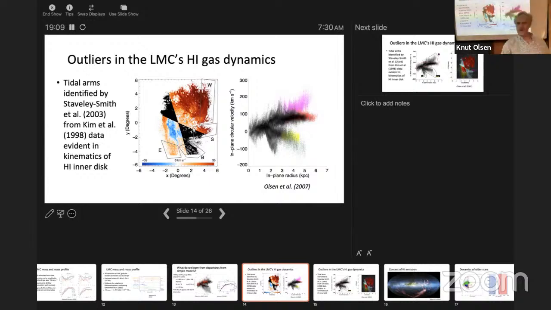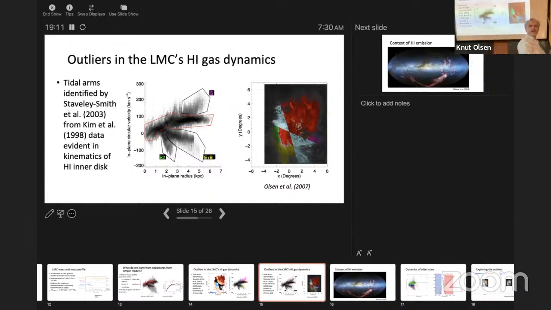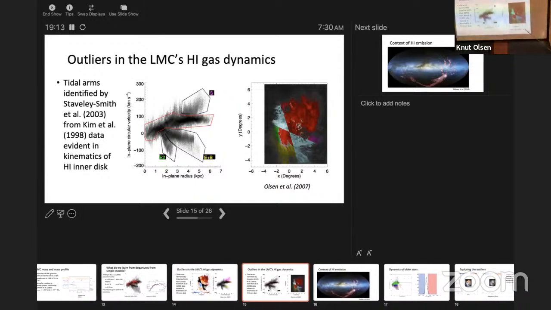You can do the reverse as well. Take this map of the in-plane circular velocity of the H1 and outline the red region, and you see that this looks like the disk of the LMC, but these other things clearly map onto these tidal arms.